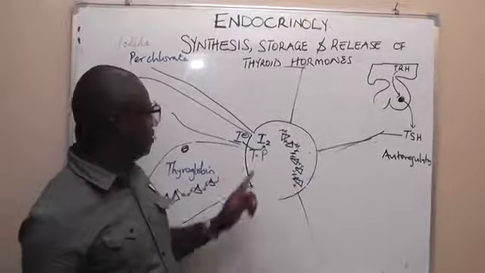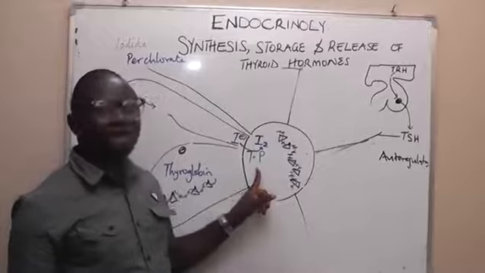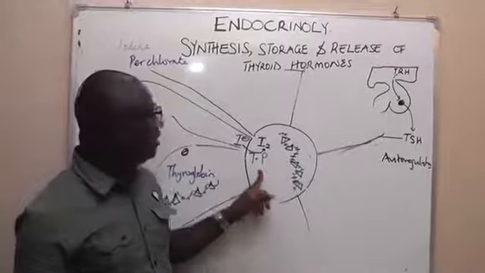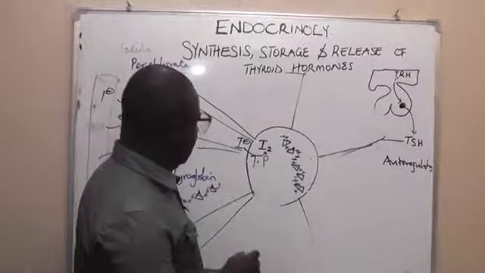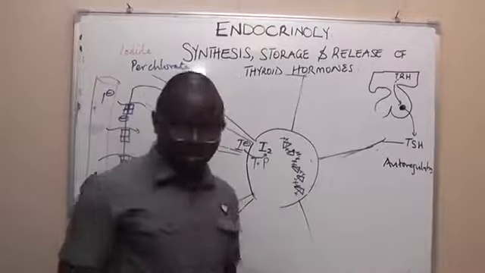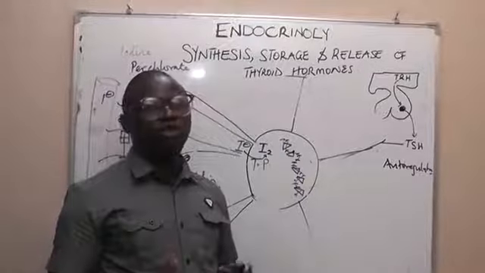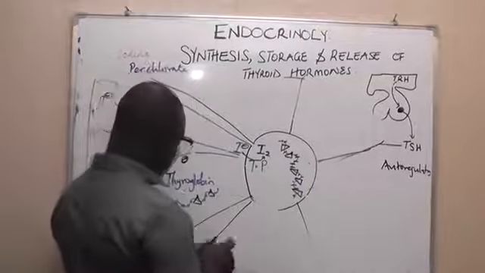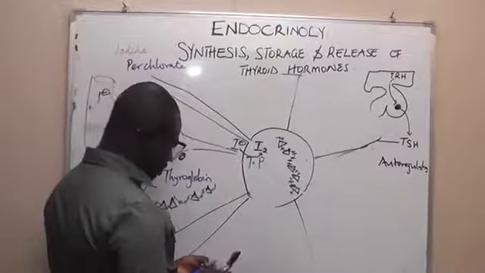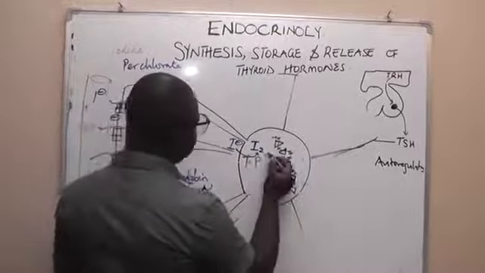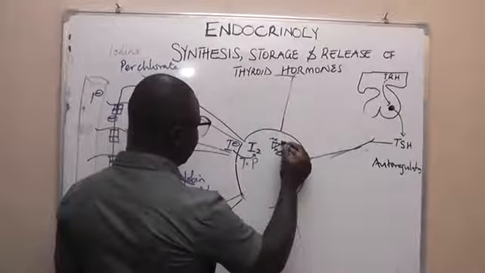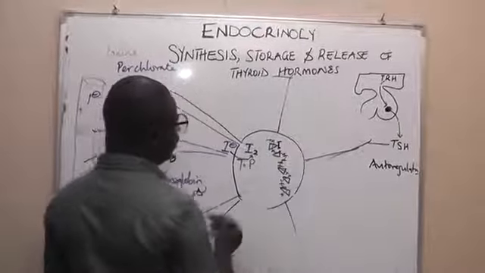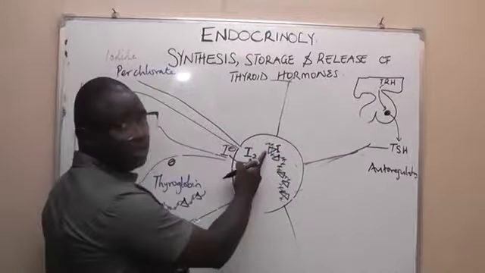Now the second step, this same enzyme, thyroid peroxidase, does what we call iodination. Iodination is also known as organification. Okay? So what's happened now is that we will attach, let me use a different color, let's assume this is my iodine. I will attach one iodine to tyrosine.